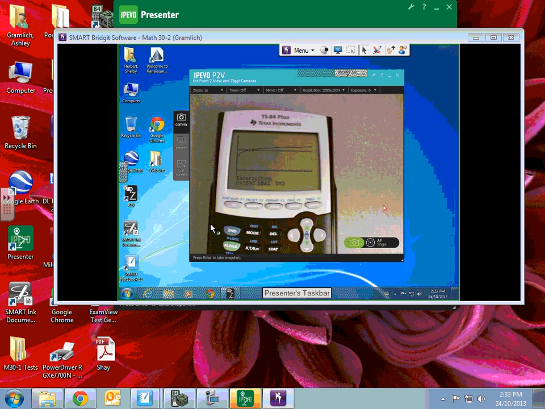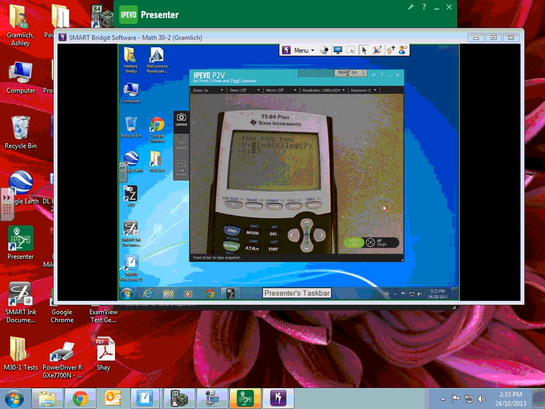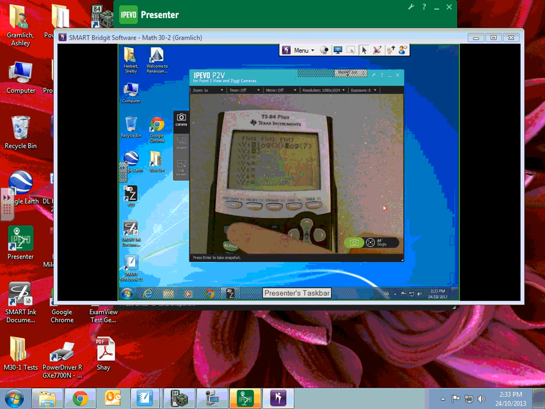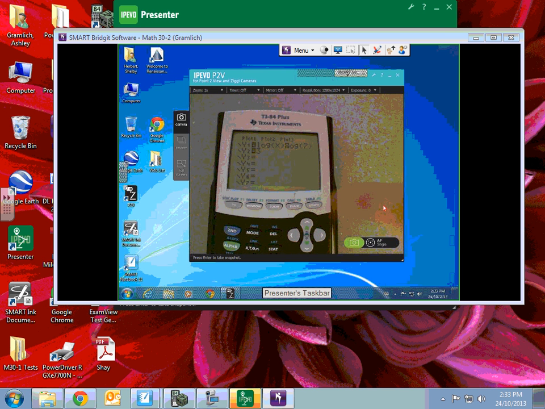Okay, go to y equals, Shay. Let me see what you got. Oh, because you have log of x times log of 7. You don't have that division sign there. So between the x, yeah, so go second delete will be insert. So press second delete, and then press divide.